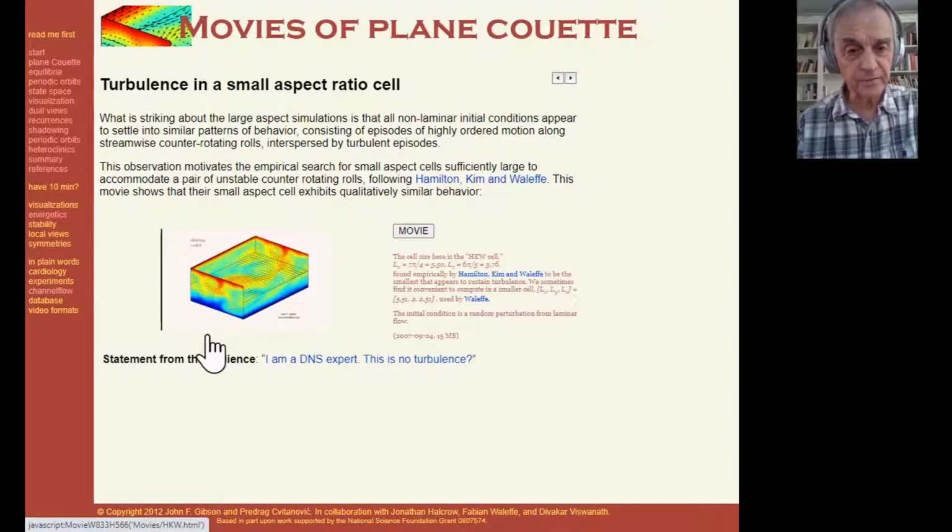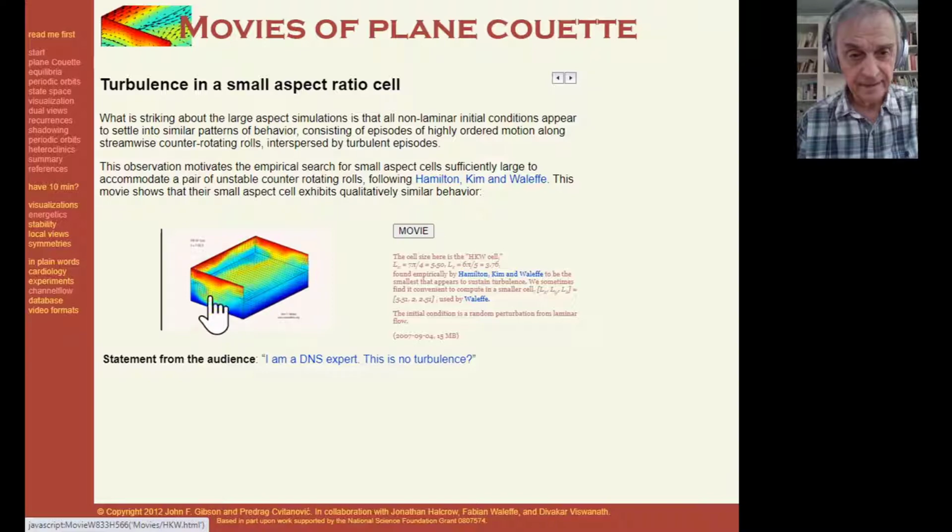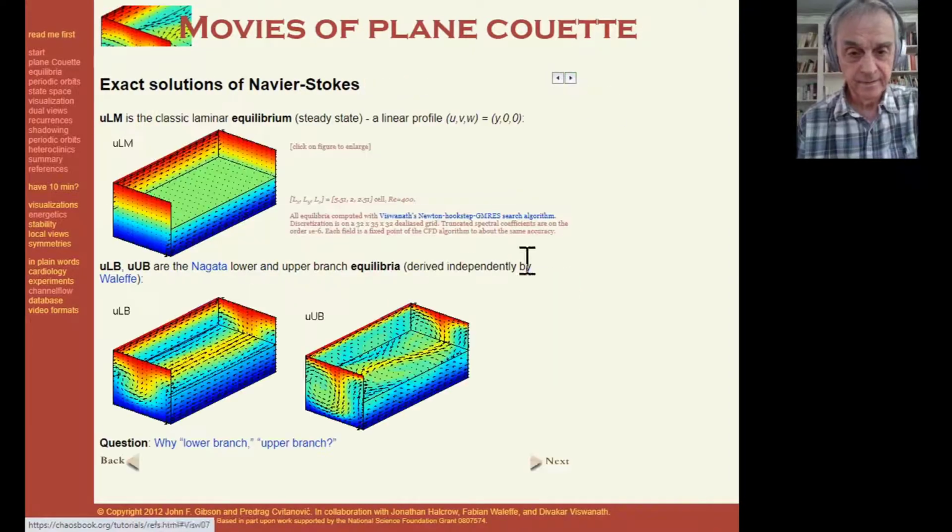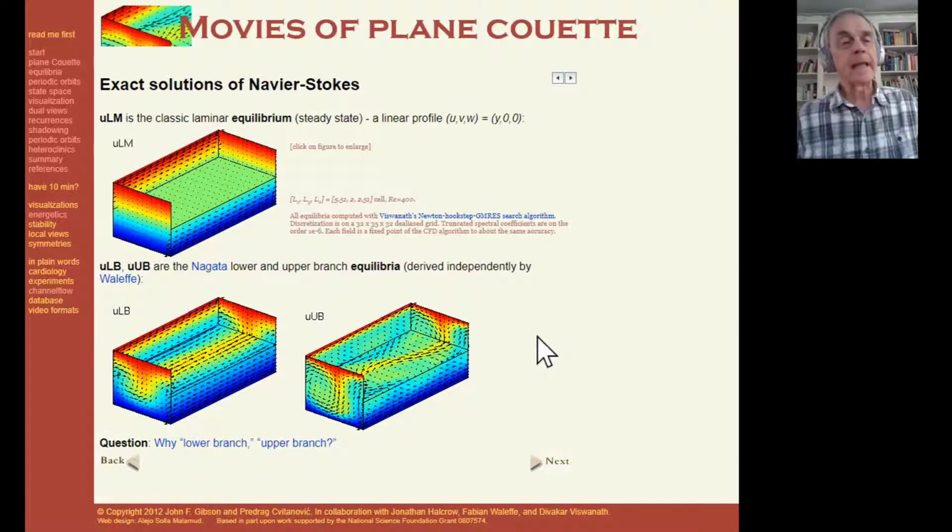So you see a glimpse of a solution that looks like a wiggle down the middle. And now you look at this solution, and one of them looks like straight rolls, and the other one looks like things are falling apart.